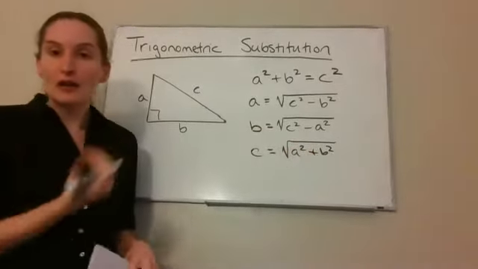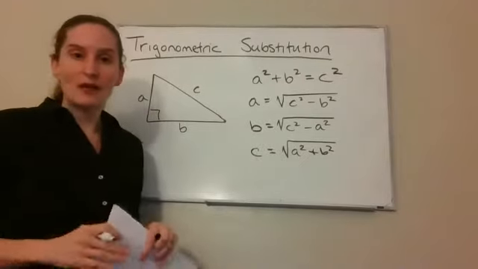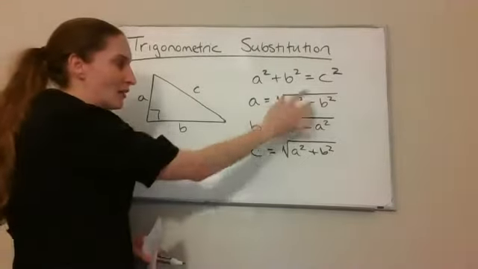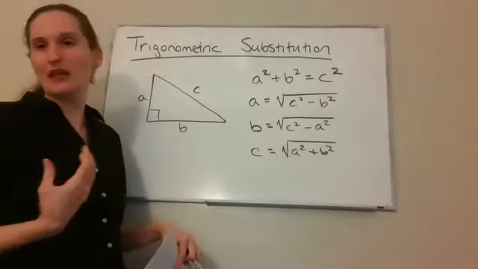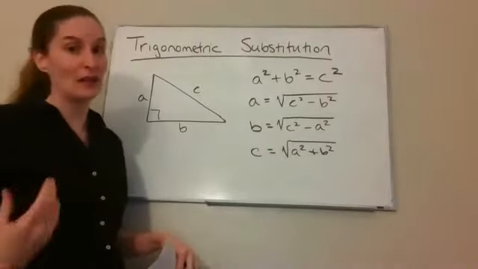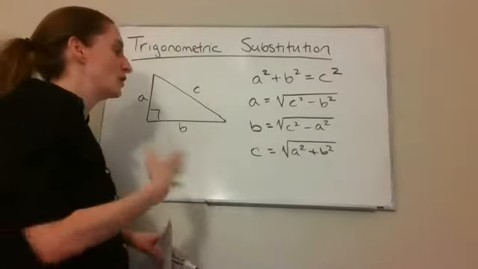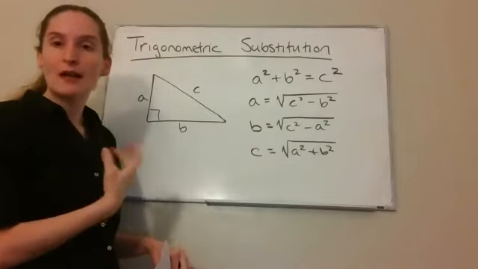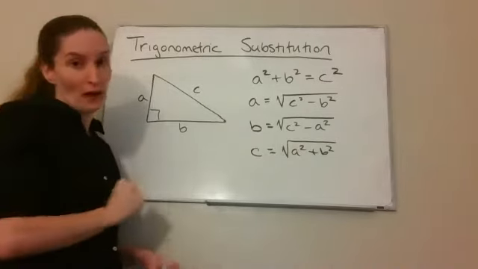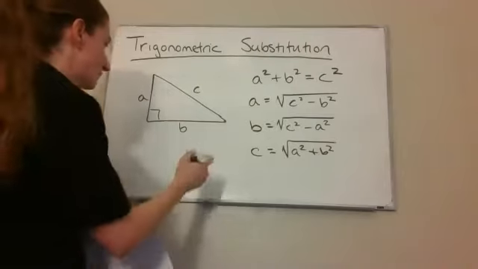So in our integrals that we're going to be doing, we're going to have terms that look similar to these right-hand sides here, where we have a square root with something squared plus or minus something squared. And we're going to use this information from the Pythagorean theorem to rewrite our integral using a right triangle and trigonometry.